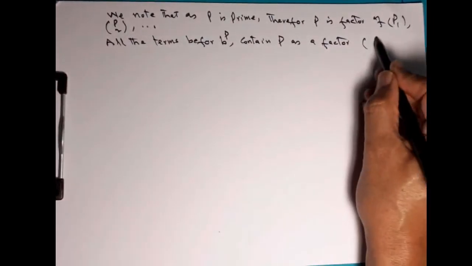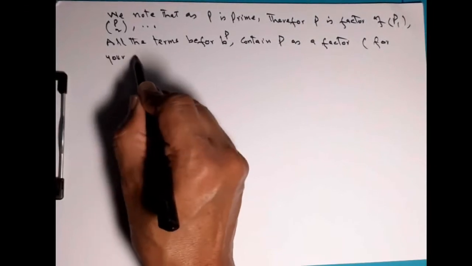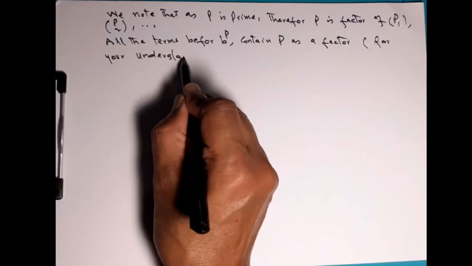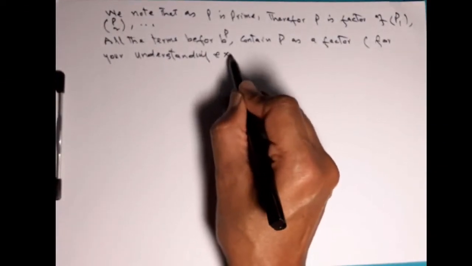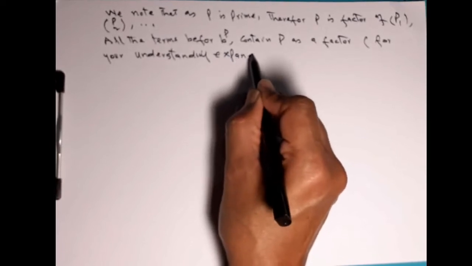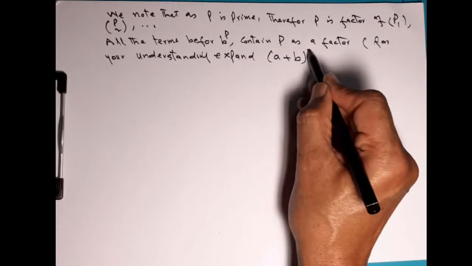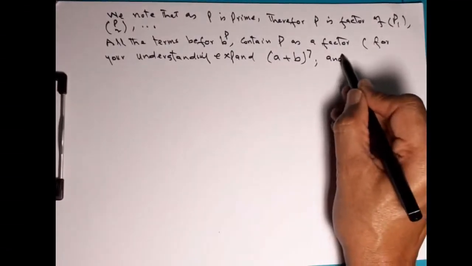Let me write it for your understanding. For your understanding, expand a plus b raised to power 7. 7 is prime. Get the point.